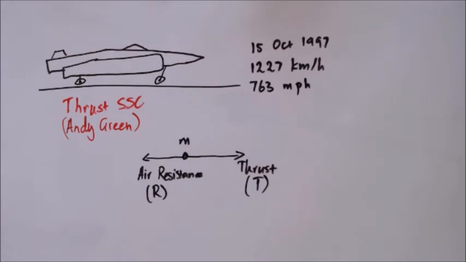So on that day, on the 15th of October, Andy Green accelerated the vehicle through low speeds quite carefully, because he had to be careful not to let any of the desert dust, because they were doing this in a desert in the United States, get into the air intakes.